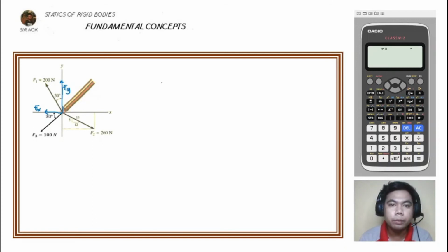No? So we're going to make a force triangle using the x and y components. So we have the F1y, then F1x, and the 200 newton.